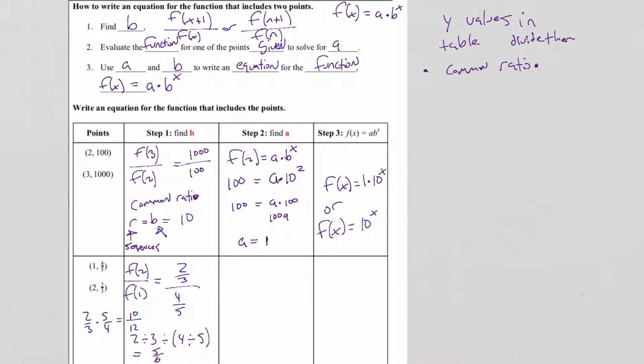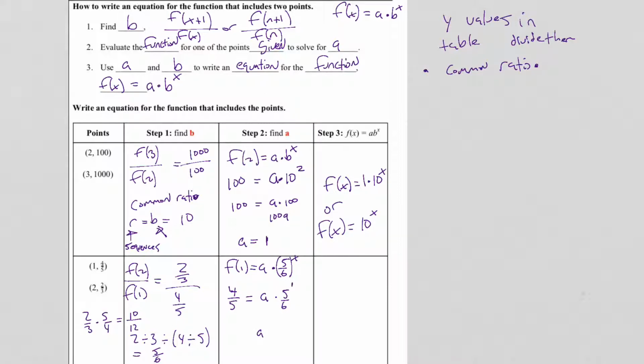So now we know our common ratio, or B, and we know f of 1 is equal to A times B to the x power. So 5/6 to the x power. And f of 1 is 4/5. So 4/5 is equal to A times 5/6 to the first power, which is simply 5/6.